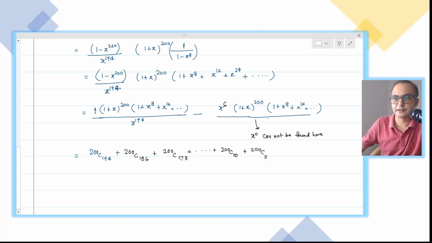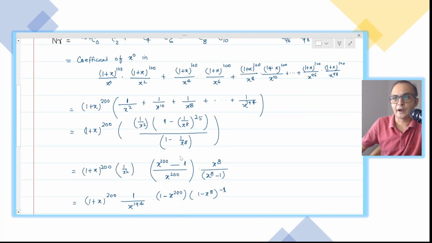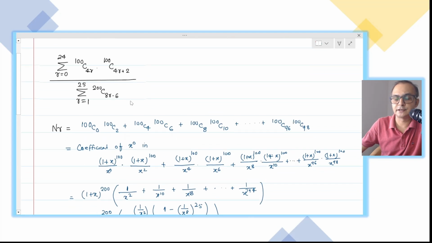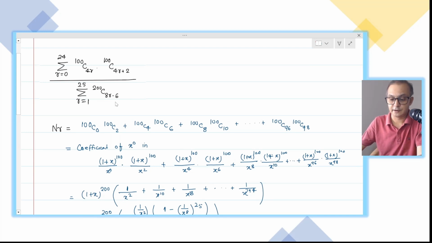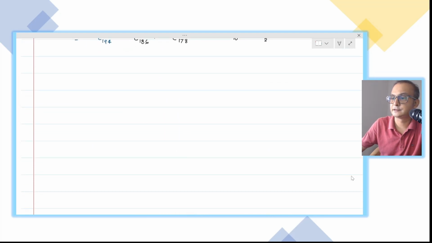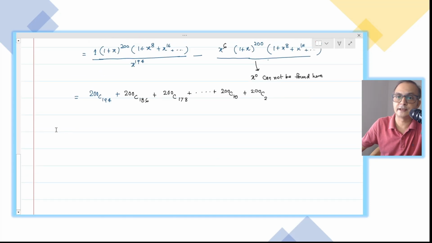This is the thing in the numerator we got. Why did I make this whole thing? Because you can see that in the denominator everything is in terms of 200. So I'm taking this thing and cutting it there, and see now what is the denominator we are going to expand.